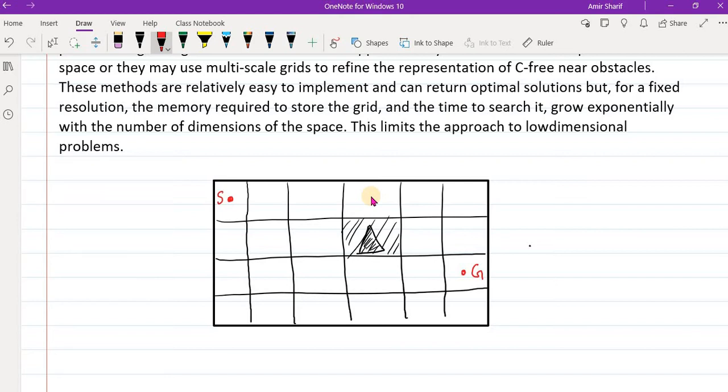There are many algorithms available, for example the breadth first search algorithm, and this algorithm is used to find a collision free path from start point to goal point.